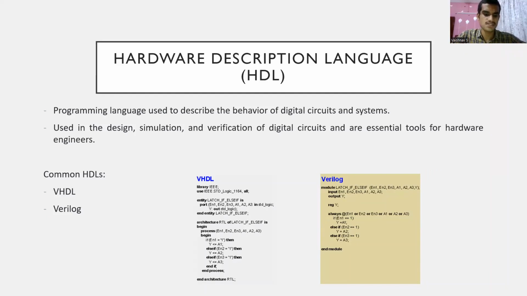HDL allows designers to model and simulate complex circuits quickly and efficiently. All the programs that we do in this project are written in HDL for their execution in the software. We come across two common HDLs, namely VHDL and Verilog, both having a unique syntax, as mentioned here.